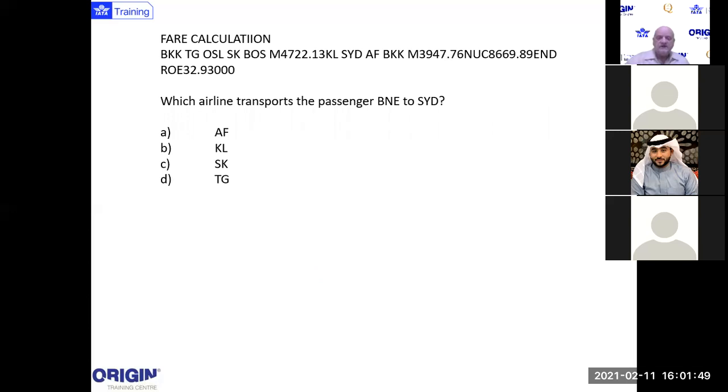Right, another fare calculation. Brisbane to Sydney. Sorry, that should be Boston to Sydney.